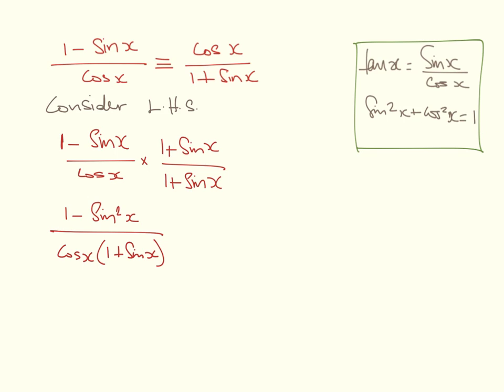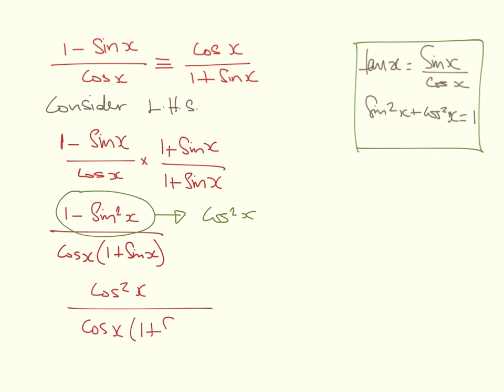So this whole top here is cos square x. So let's replace it. We're going to have cos square x on top of cos x times (1 plus sine x). And then a beautiful thing happens here.